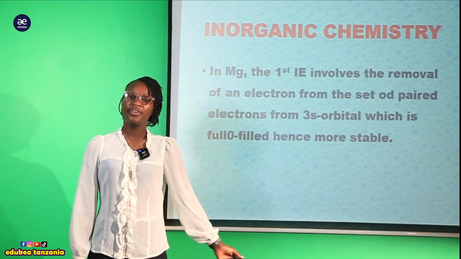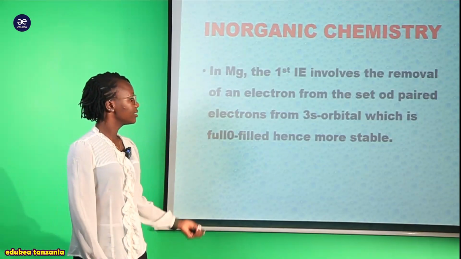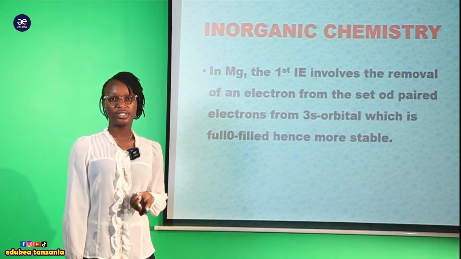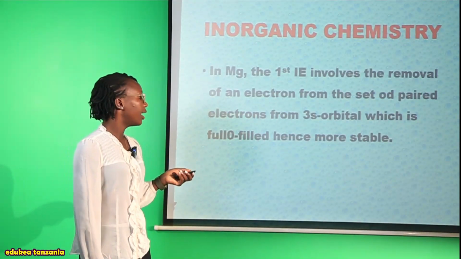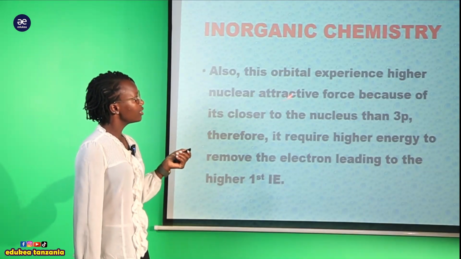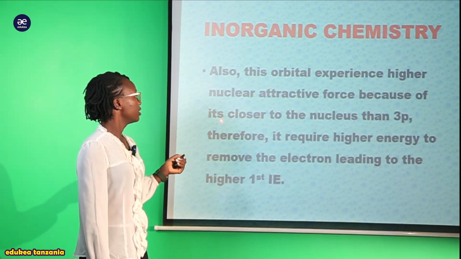So if it is fulfilled, maana kwamba ameattain ile electronic configuration. So you can see that to remove the first electron, it will be difficult. Instead we apply the what? The higher ionization energy.